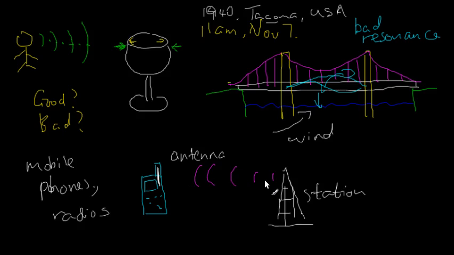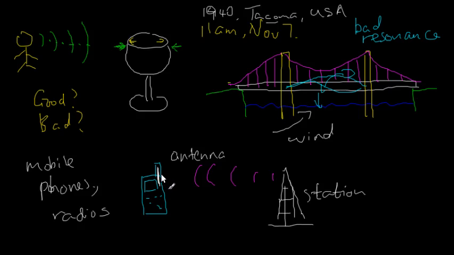So when the microwave from the station that carries your friend's voice signal or your favorite radio station music, when this oscillating microwave or radio wave washes past the electrons in the antenna, the electrons would start moving to and fro in the antenna at the right frequency and in the right pattern, so that the electronics inside your radio or mobile phone can turn it into sound or music that you can then hear.